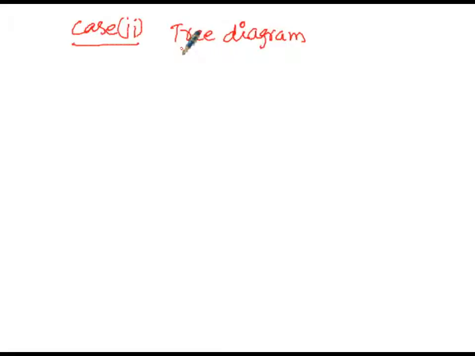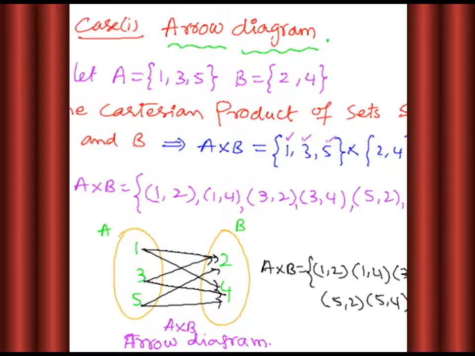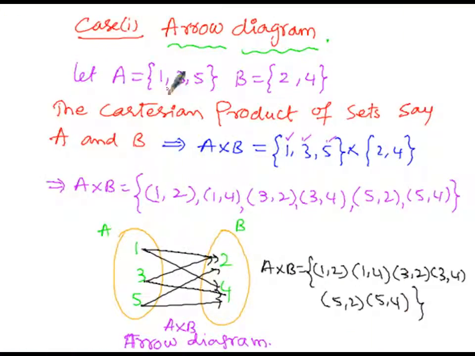In this tree diagram, the two sets which we have considered are, as in the first case, set A with elements 1, 3, 5 and set B with elements 2, 4.